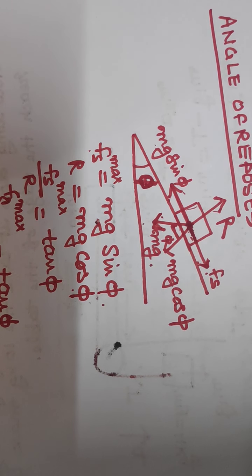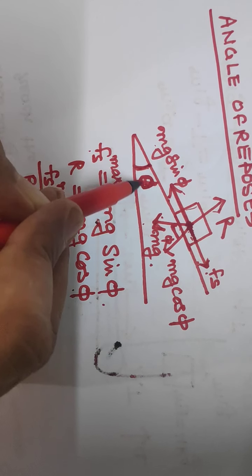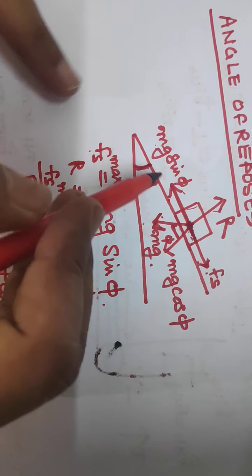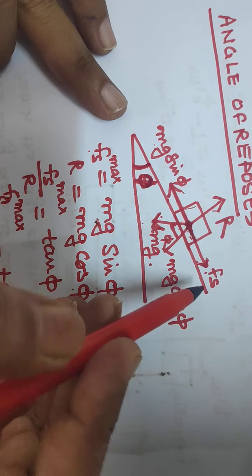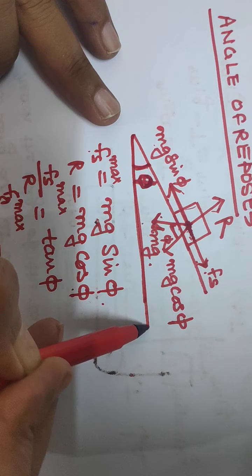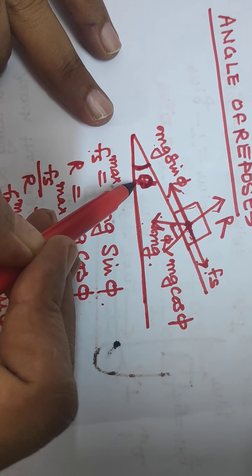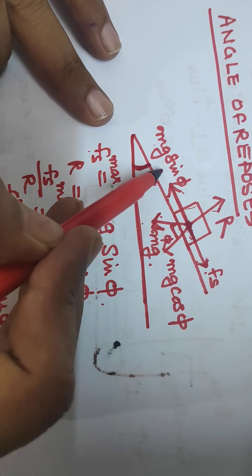Okay, so what is the angle of repose in this? It is the minimum angle that an inclined plane makes with the horizontal when a body placed on it just begins to slide down. We are varying the angle here. The inclined plane is adjusted with the horizontal, so that if we increase the angle from this, then the body begins to slide.